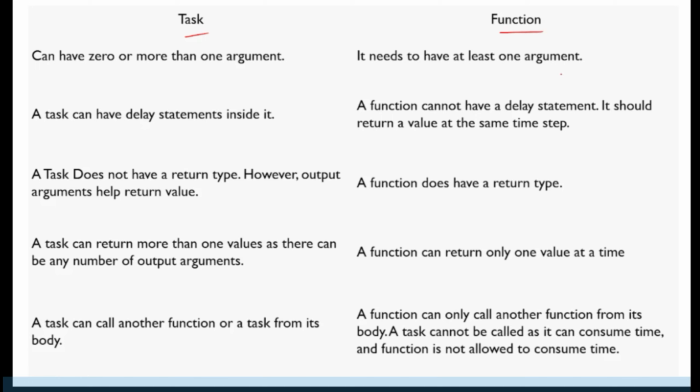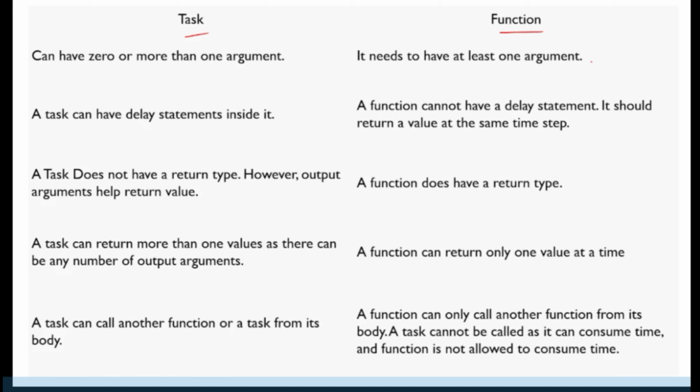Because when you are designing complex circuits, there will be non-blocking assignments, there will be delays, there will be more than one output value or more than one return type. For all these things, since task is more useful, that is why you will be using tasks 60 to 70% of the time. But if you don't use any of these things, you can go for functions.